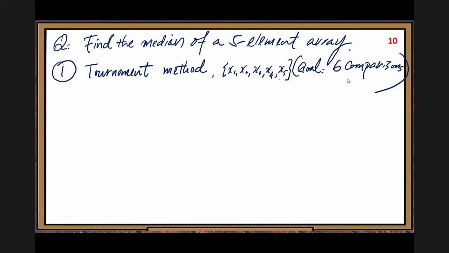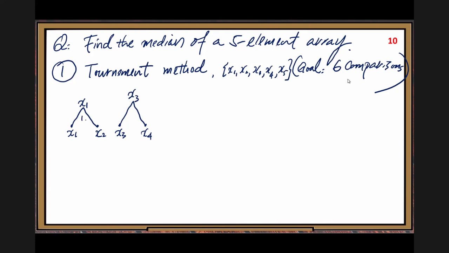Let's arrange them for comparison, the tournament. x1 and x2 do a comparison, and we assume x1 is the winner without loss of generality. When we compare x3 and x4, we assume x3 is the winner without loss of generality.